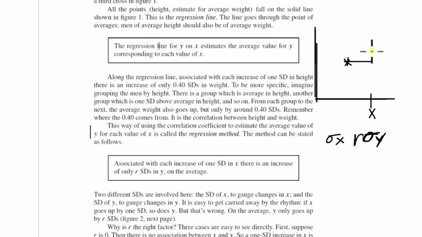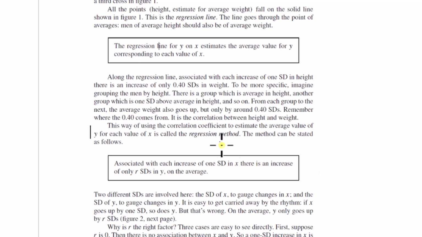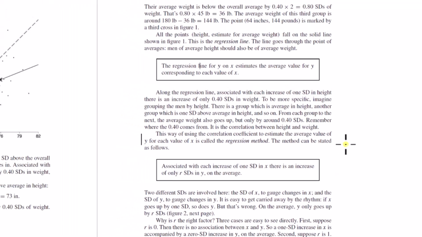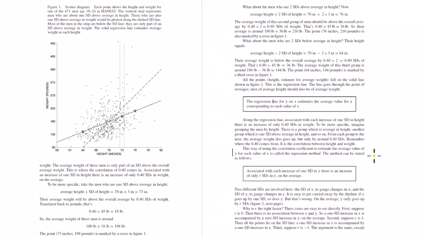So we only go up a fraction of a full standard deviation in y. That's the regression method. You can see how we make direct use of the correlation coefficient, and that's why it's called regression. You can have other curve-fitting methods that aren't called regression because they're not making direct use of the correlation coefficient.